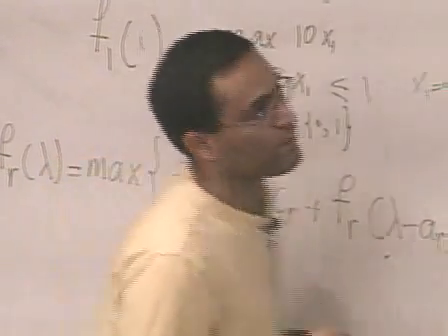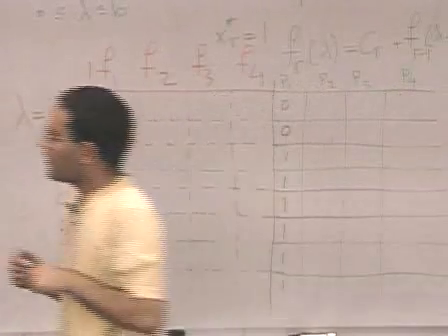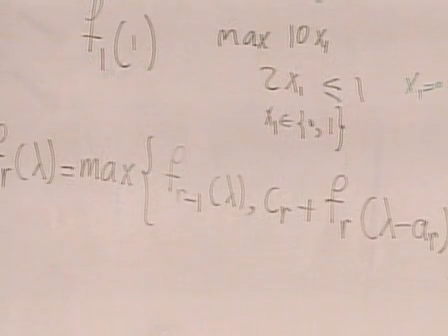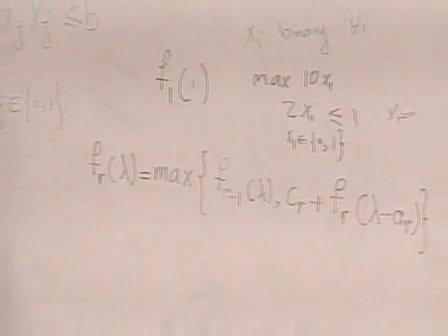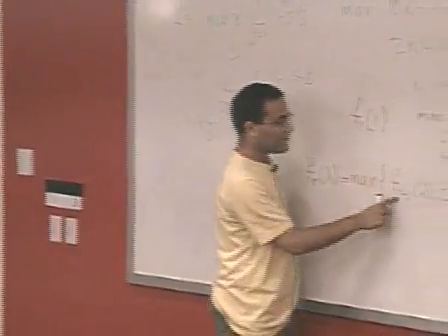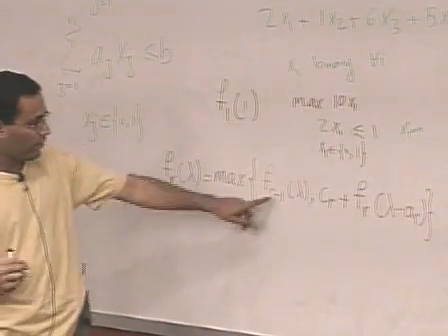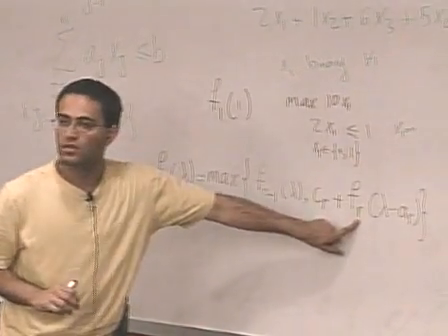Okay. This is where this thing comes into play. Let me give you a second to write it down because I want to explain it and I want to have everybody's attention. So, what I'm saying is this. At the R-th stage, I'm going to look at the R-th item and say to myself, is it better that I forget about this R-th item? This is R minus 1.